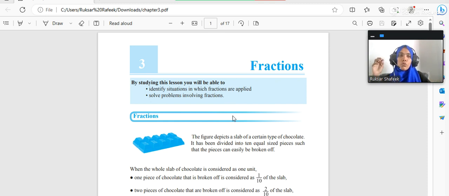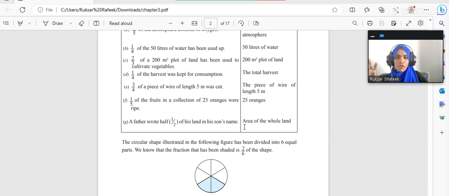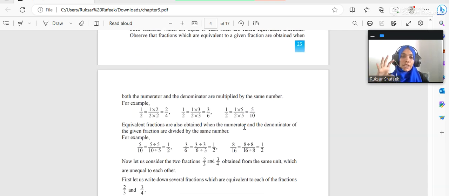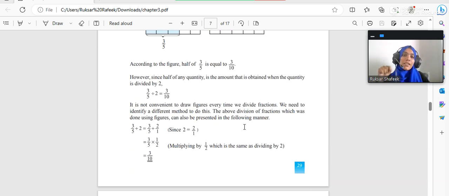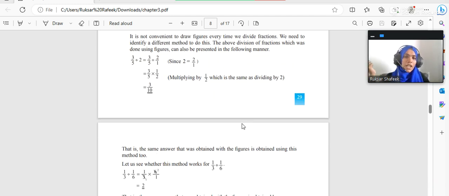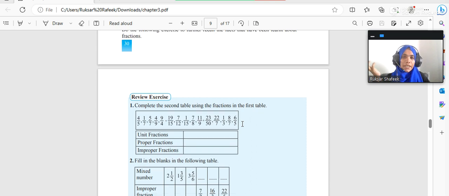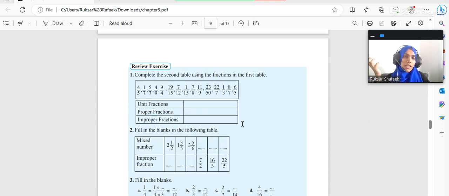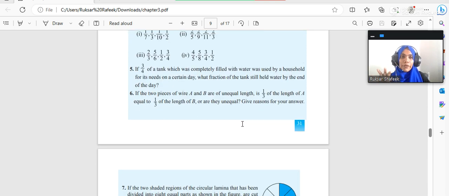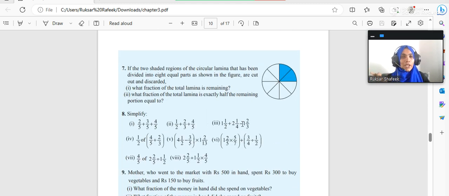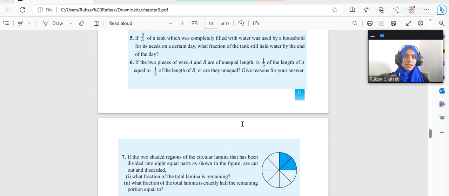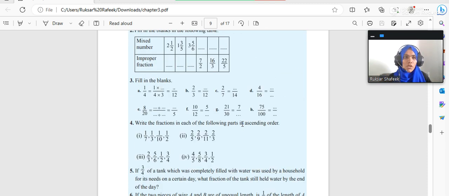So I'm going to start off with the basics of fractions itself, because I understand a lot of children struggle with fractions: understanding what an equivalent fraction is, how we apply this, and what types of fractions we have. I'll take you through the review exercise first, and then we will look into how we apply fractions to these questions.